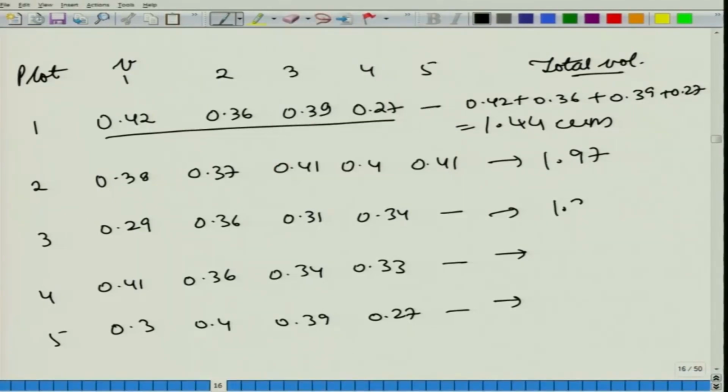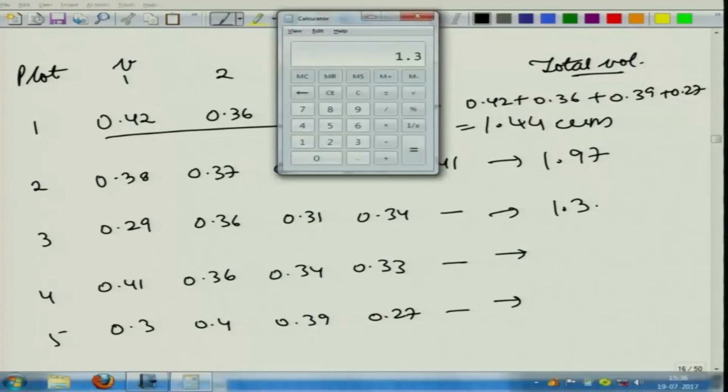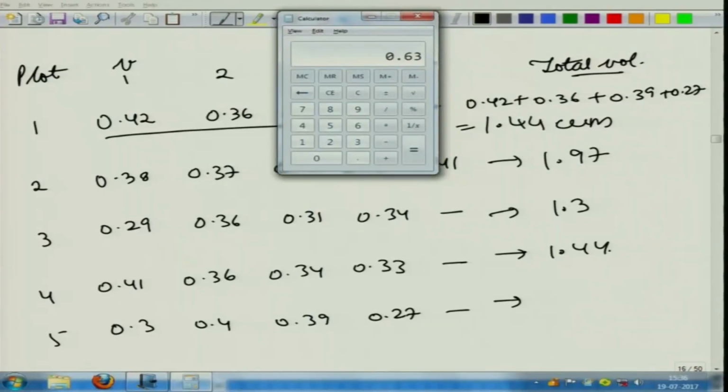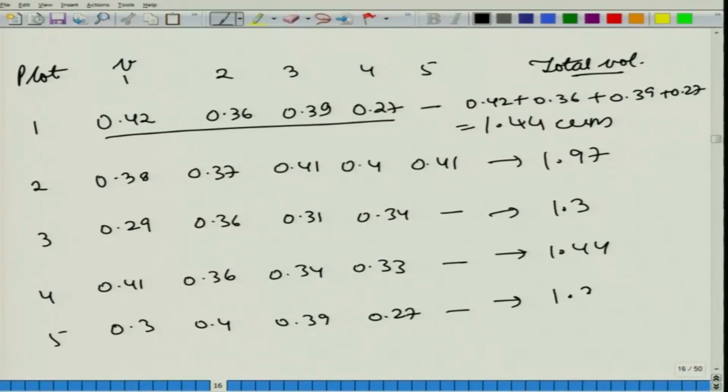Then we have 0.41, 0.36, 0.34 and 0.33, which is again 1.44, and for the last one we have 0.3 plus 0.4 plus 0.39 plus 0.27, which is 1.36.